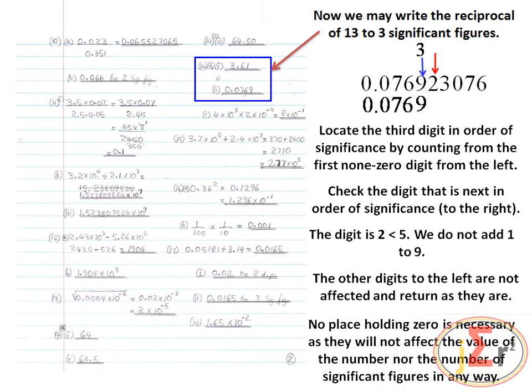And again, I'm saying no placeholding 0 is necessary, as they will not affect the value of the number nor the number of significant figures in any way.